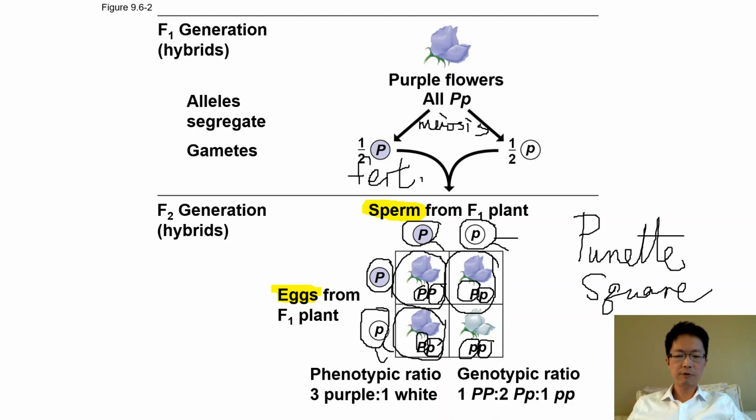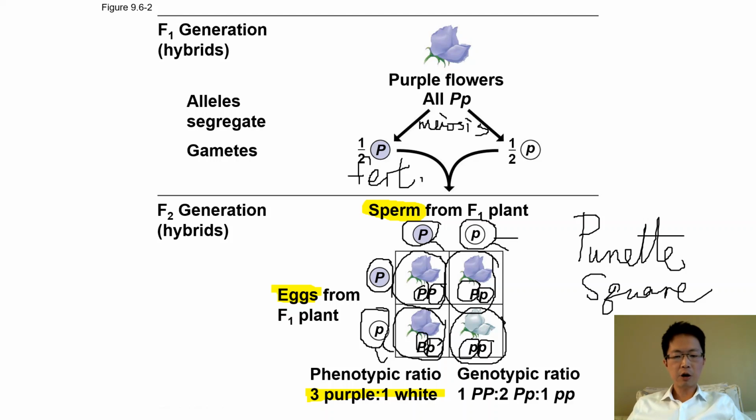It's also a purple flower. And then the small p, small p here is similar to the parent generation, and we know that it is the white flower. So the phenotypic ratio is 3 purple, 1 white. That's just something that I told you to memorize, 3:1 phenotypic ratio.